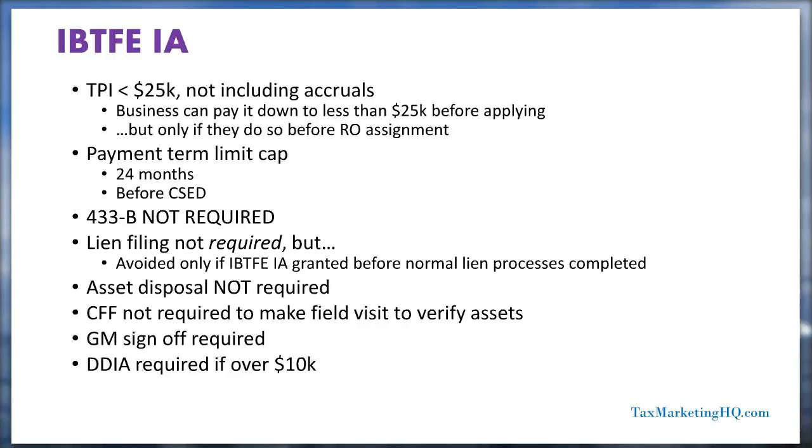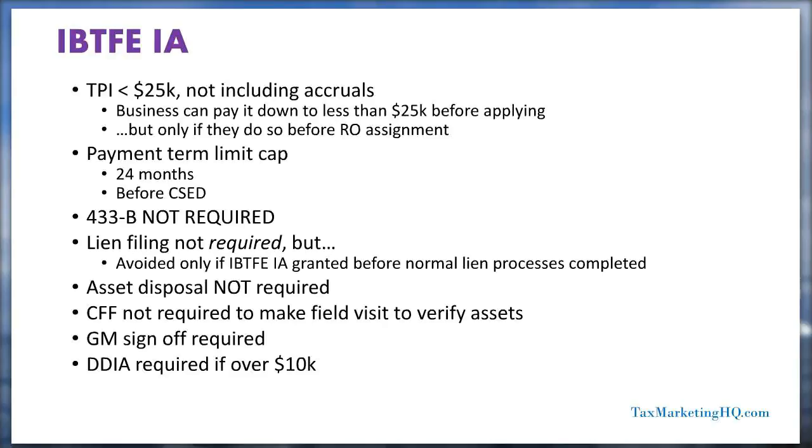Another nice thing is that asset disposal is not required. So under the express criteria, the IRS cannot force the taxpayer to sell assets in order to help pay down the liability.